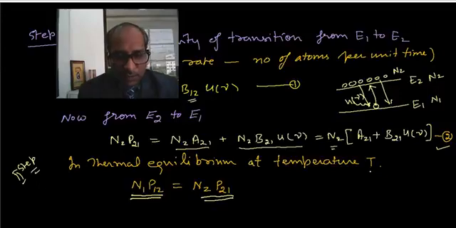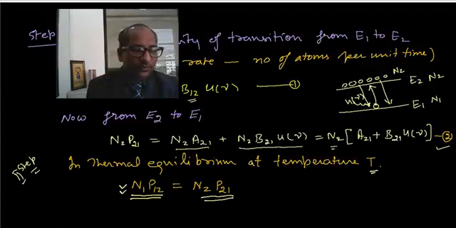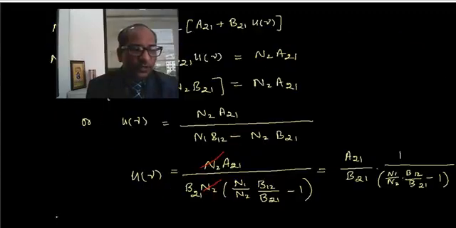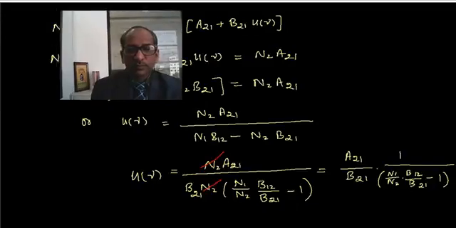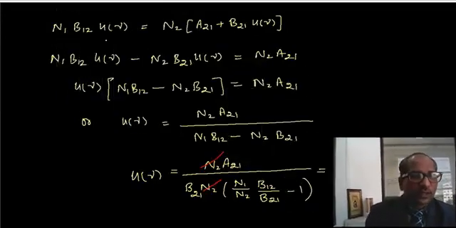This is the important point. At this equilibrium temperature, these two transition probabilities will be the same. So the result is N1 B12 U nu is equal to N2 times A21 plus B21 U nu.